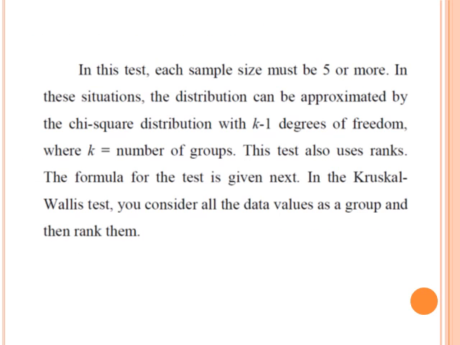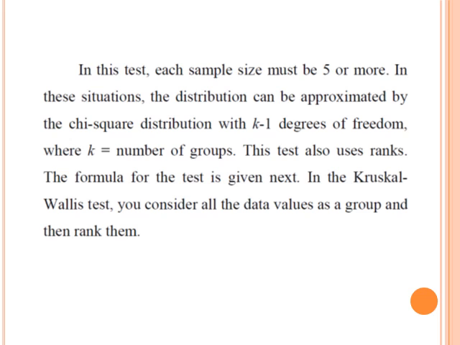parametric tests. In this test, we have samples, maybe 3 or more, but each sample size must be 5 or more, so inside each sample we have 5 or more variables. In this situation, the distribution can be approximated by a chi-square distribution with k-1 degrees of freedom.